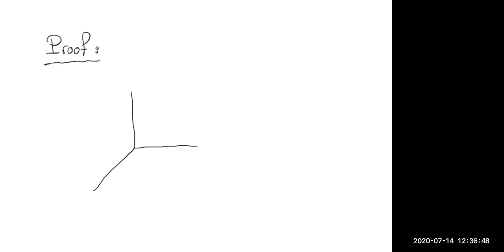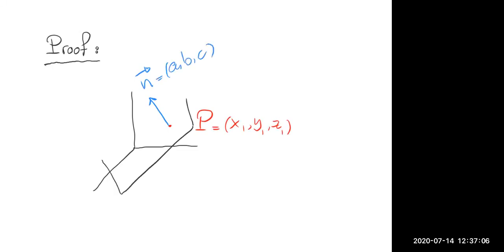But why is that the equation? So we have a point P with coordinates x1, y1, z1, and we have a normal vector n, a, b, c. And then there would be a plane which is orthogonal to this normal vector and contains P. Any random point you choose on this plane has coordinates x, y, z.